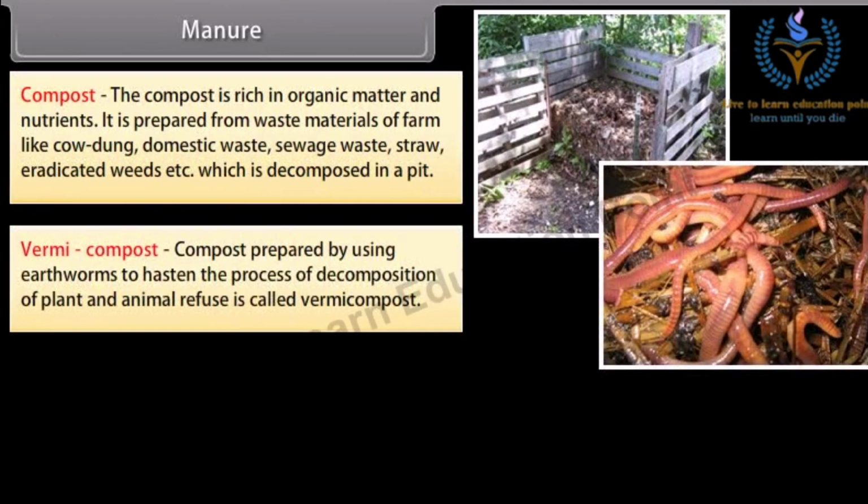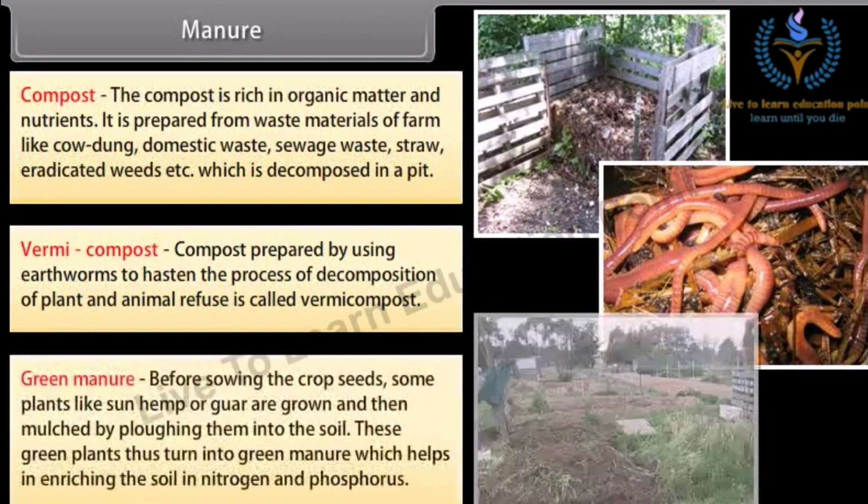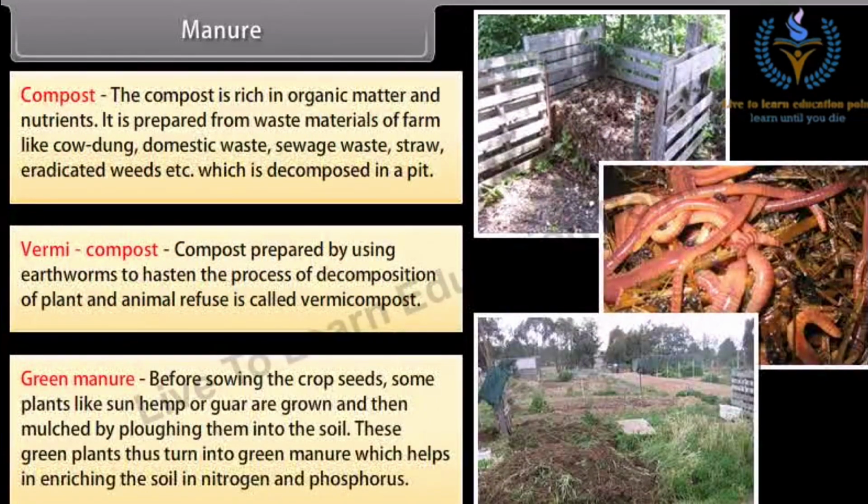Compost prepared by using earthworms to hasten the process of decomposition of plant and animal refuse is called vermicompost. Green manure. Before sowing the crop seeds, some plants like sunhemp or guar are grown and then mulched by plowing them into the soil. These green plants thus turn into green manure, which help in enriching the soil in nitrogen and phosphorus.